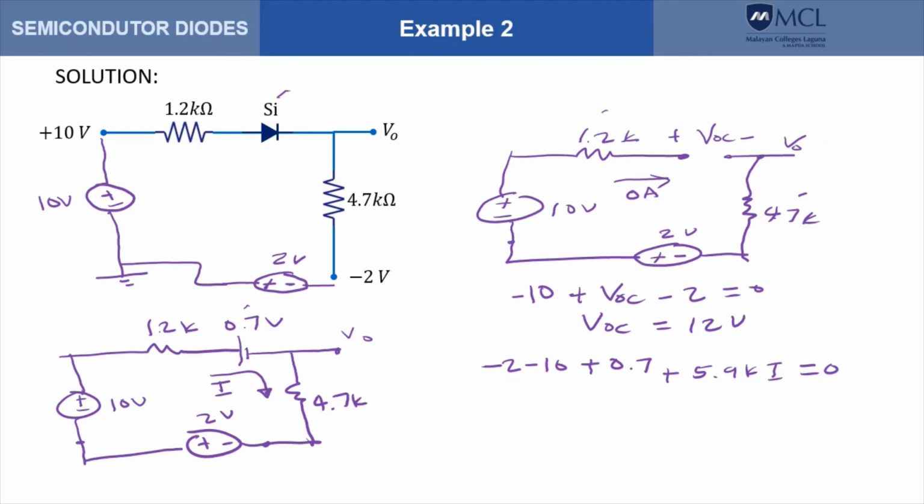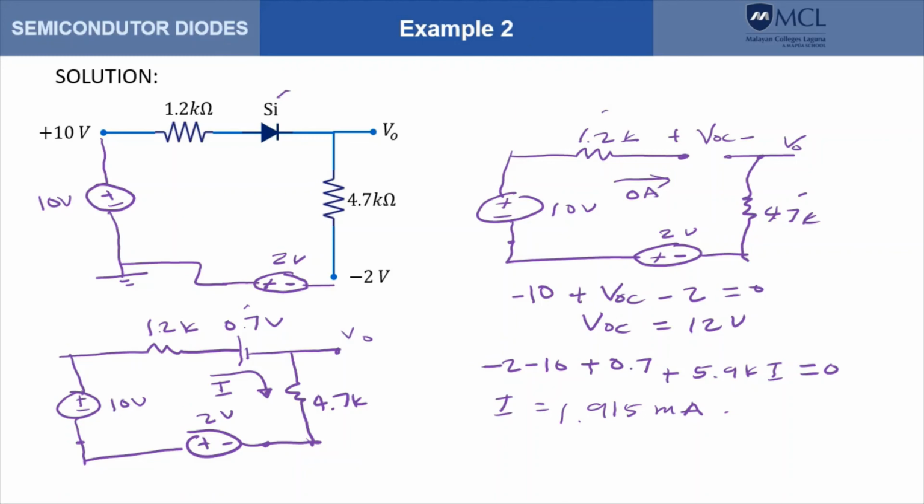And that should give us I equals 1.915 milliamps.